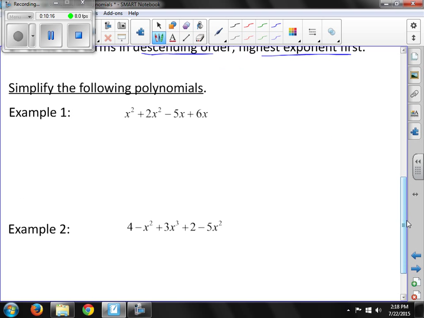So let's start by simplifying example 1. And these are written in the correct order. They are written in descending power, so I'm going to add the like terms. 1x squared and 2x squared would be 3x squared. Negative 5x and plus 6x would be plus 1x, or I could just write 3x squared plus x.